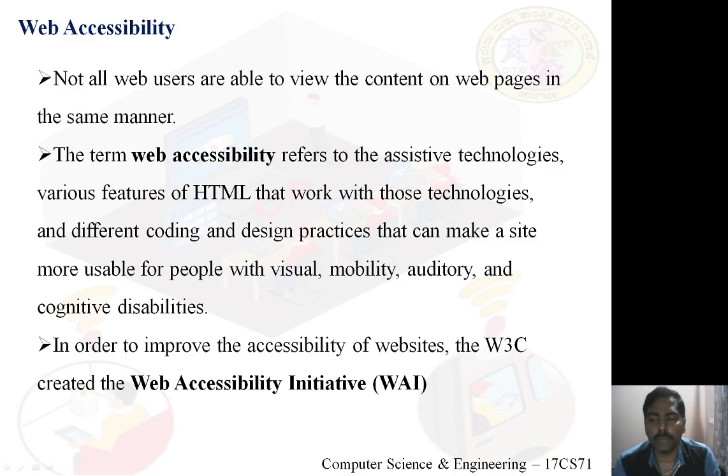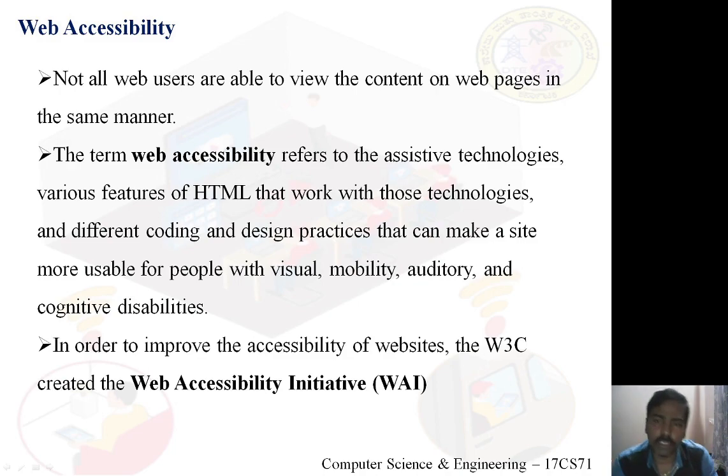Web accessibility. Not all web users are able to view the content on web pages in the same manner. As I said, one person viewing a web page on a smartphone might be different from another person viewing the same web page on a desktop.